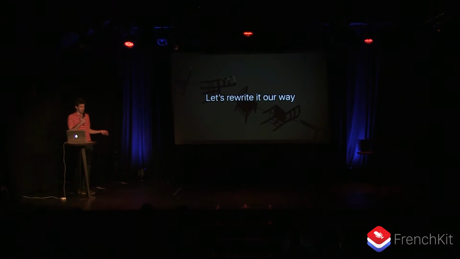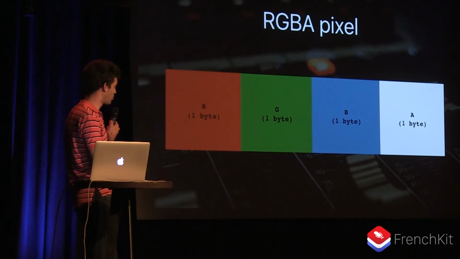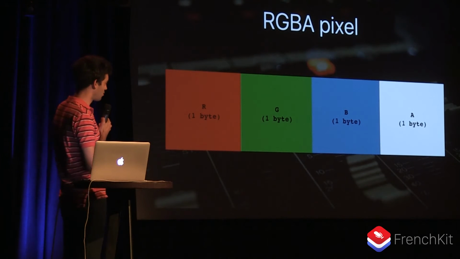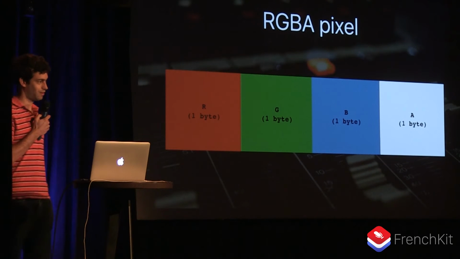Just remember, we are going to try to rewrite this method that converts the RGBA image, so red, green, blue, alpha, into gray. That's an RGBA pixel. It's 4 components or channels. Each of them is 1 byte. You can think of it as a little array of 4 bytes.